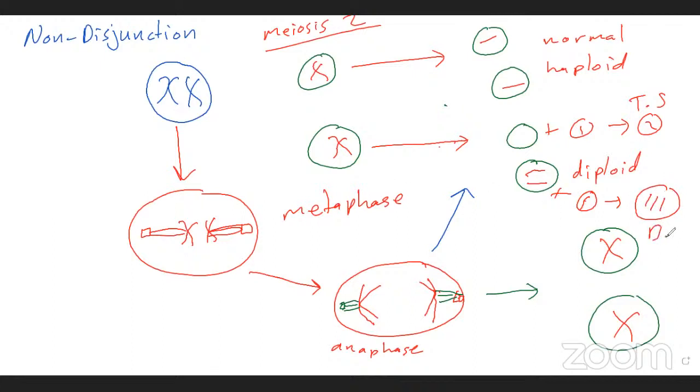Down syndrome, the extra chromosome. All right. So this is just to explain how you can get an extra chromosome inside of the cell. All right. So I hope that you understand it.